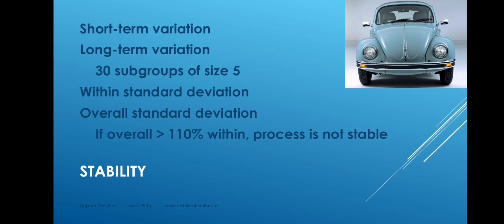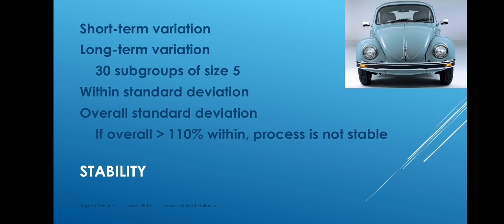Now, as time passes, processes will tend to exhibit more variation because there may be changes in the environment from day to day, or changes in the personnel, or changes in the raw material, or other changes that arise, so that the process may vary in its mean value from day to day or from time to time.